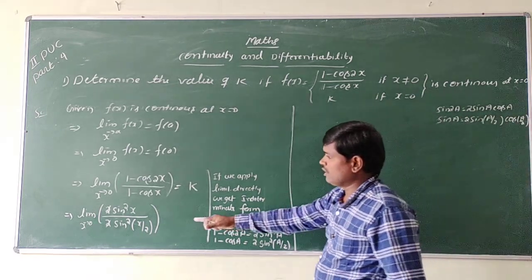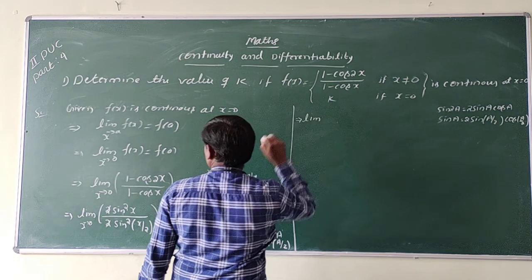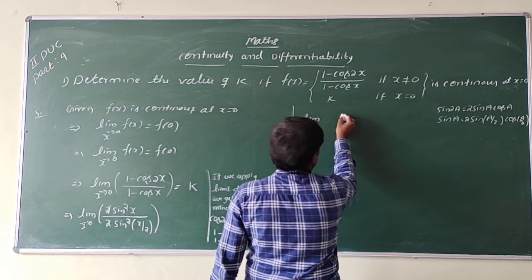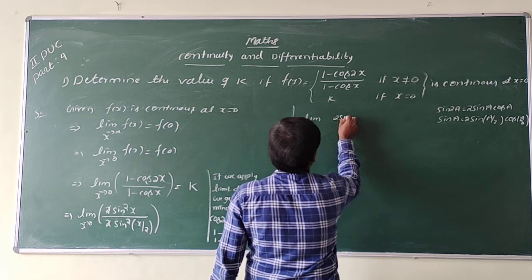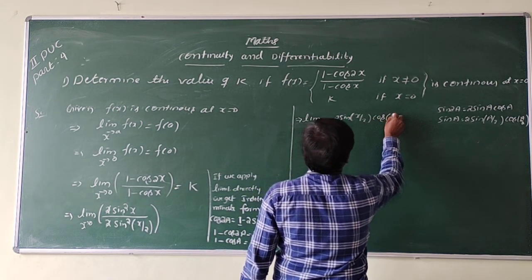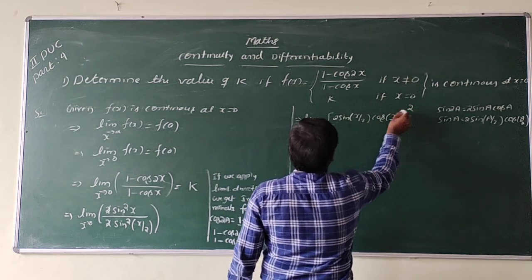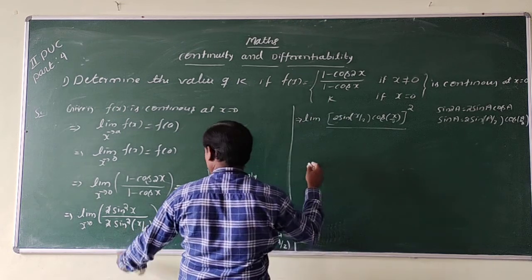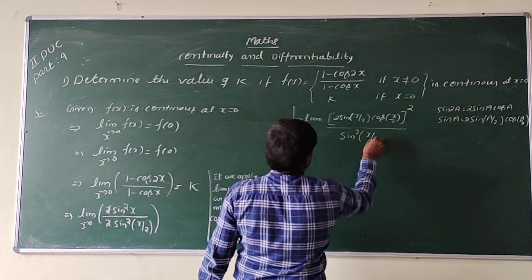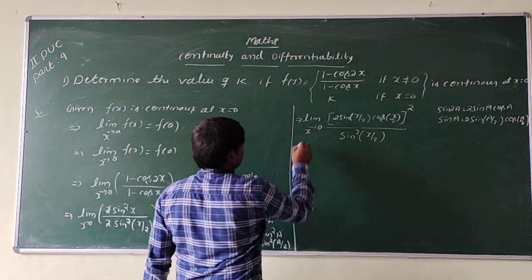So the given expression becomes the limit of, in place of sin x, I am taking 2 sin x by 2 into cos x by 2, whole square, divided by sin square x by 2 remaining in the denominator, as x tends to 0.